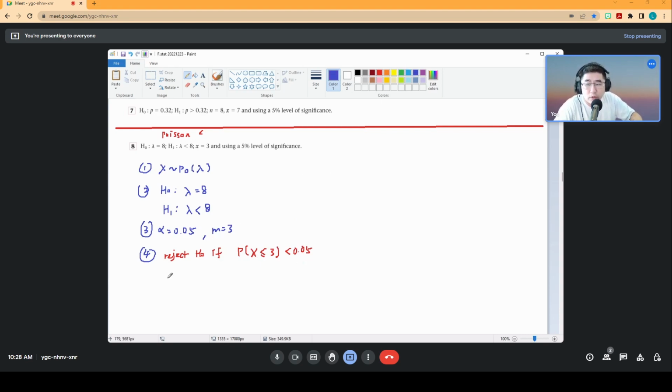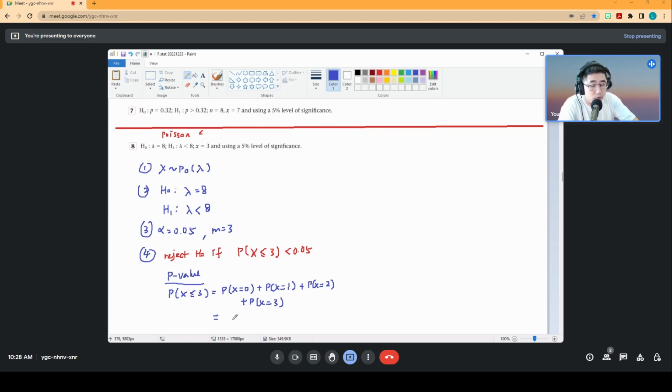Then we have the p-value method. Okay, so P of x lesser equals to 3. Based on normal writing, we'll have P of x equals to 0 plus P of x equals to 1 plus P of x equals to 2 plus P of x equals to 3. Of course, you can actually use your calculator as well to help you get the Poisson CD.